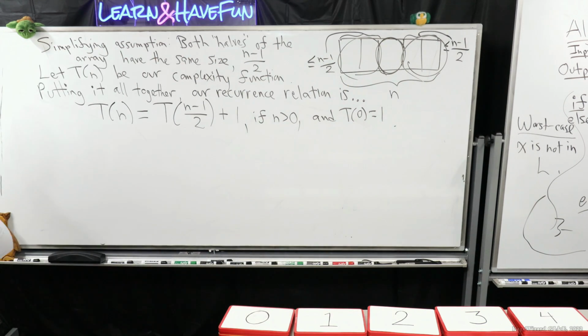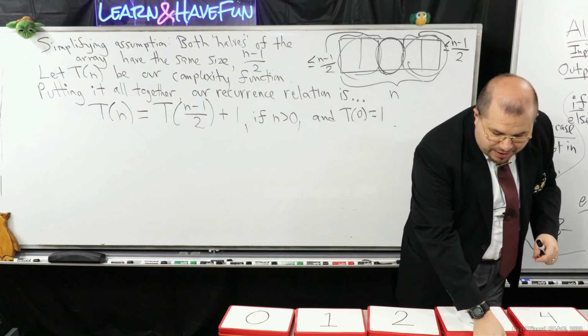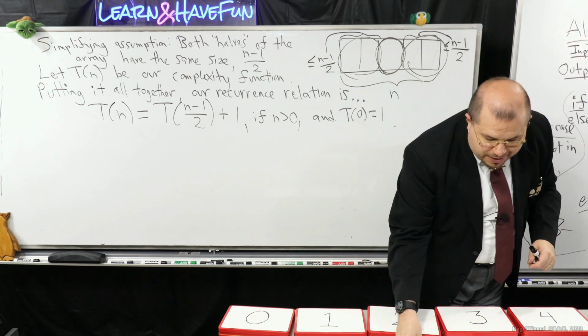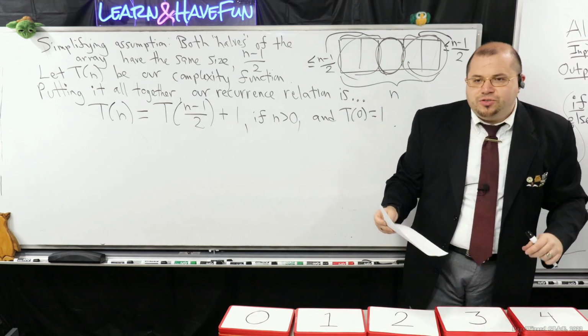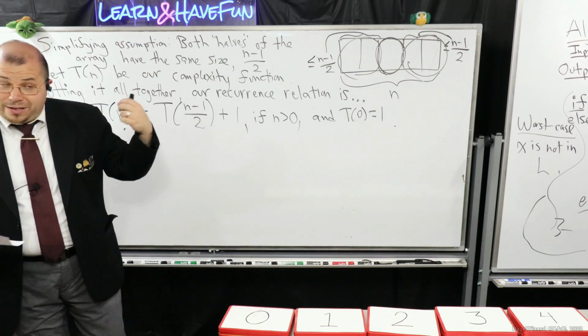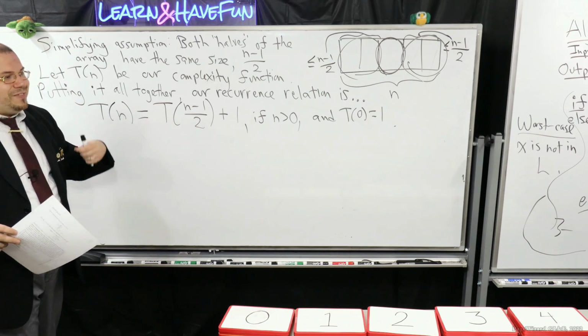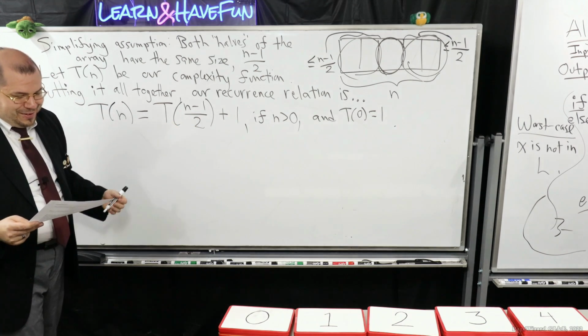So now that I have this, I'm going to apply a technique called iterative substitution, or repeated substitution, to try to solve the recurrence relation. Now, when I say solve, what I'm saying is I want to express this function without any of the recursive parts in it. So I need to find a pattern to make this work.